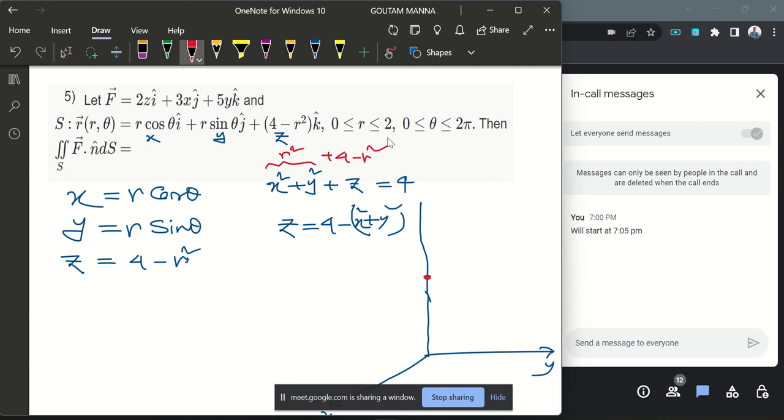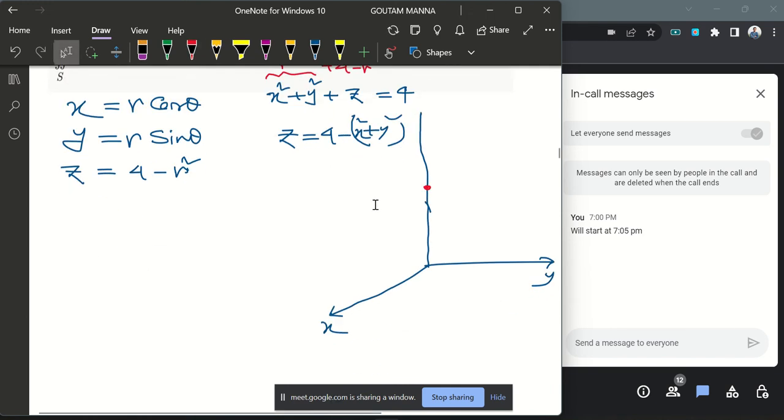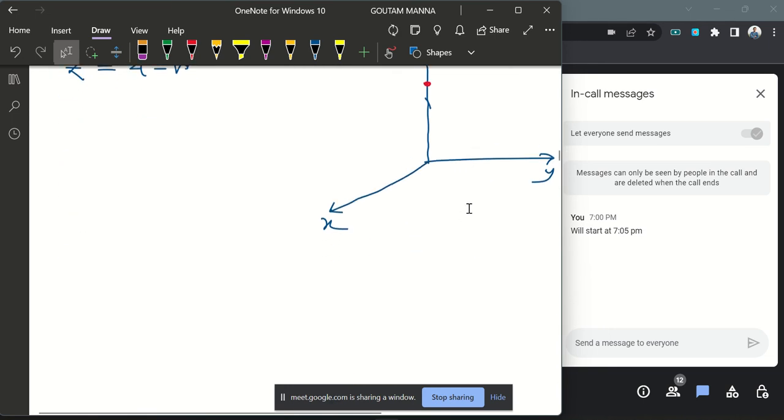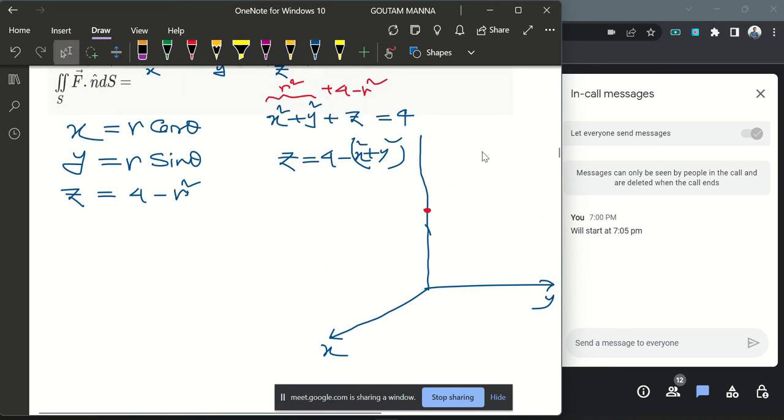That means 4. So it is x square plus y square plus z. Now if you draw this, it will be a parabola looking like this. This is z equals 4 point.